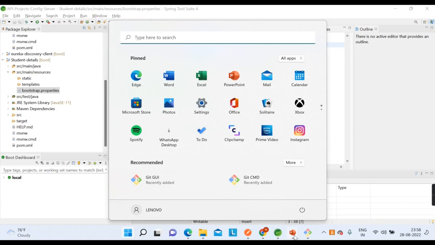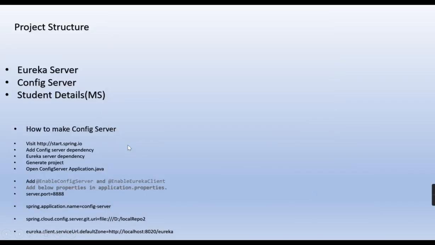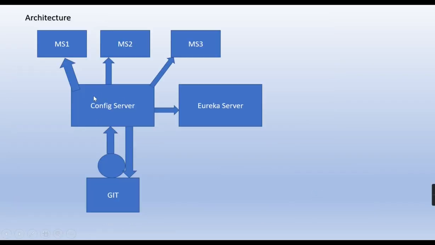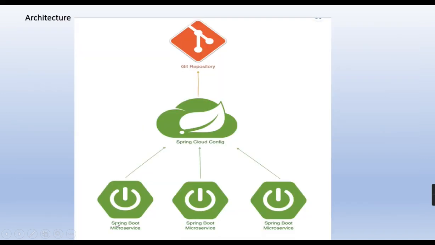So that is what we discussed in the earlier session. So the config server and the services are registered, and these services are registered at config, and config will go to Git, and Git will provide the response, and the config server will provide the response.